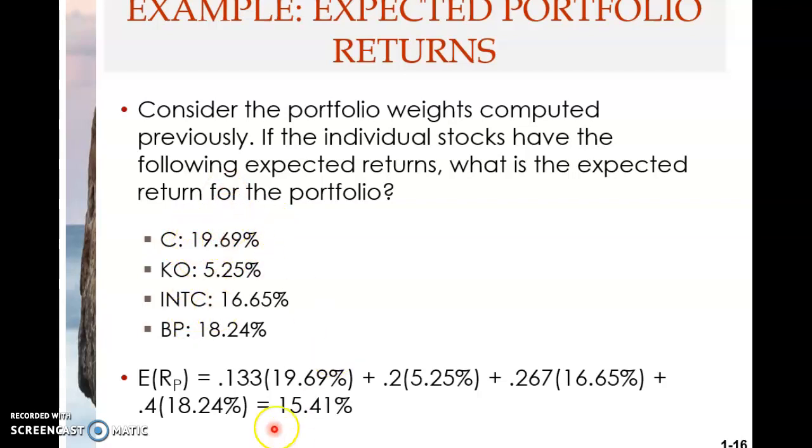This cannot be higher than this, and it cannot be lower than the lowest. The lowest is this, 5.25%. It must be in between these two, because it's a weighted average. So that's one characteristic of the portfolio expected return. So let's move on.